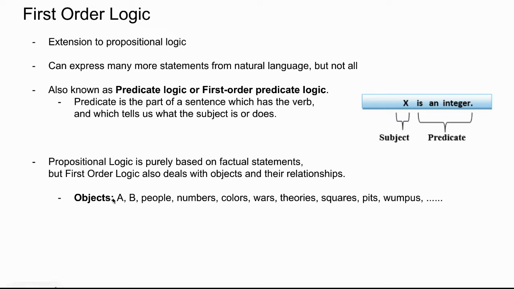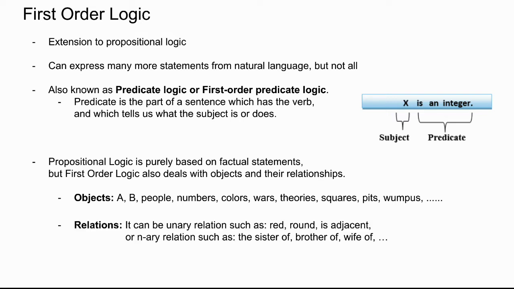So in first order logic, some of the objects could be some symbol a, symbol b, or some people, some numbers, colors, words, and lots of these various things can be different kinds of objects that are used in first order logic. Then you have relations between these objects. So these relations could be unary, it can be binary, it can be tertiary, or any n-ary.